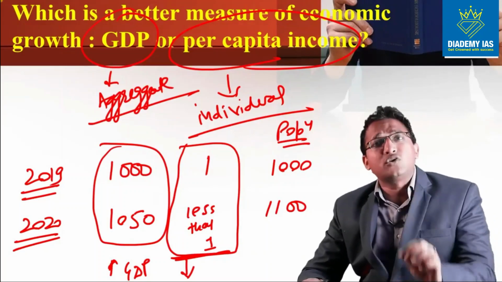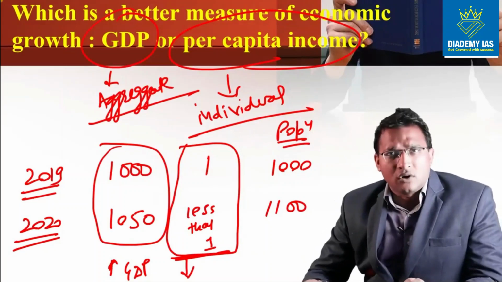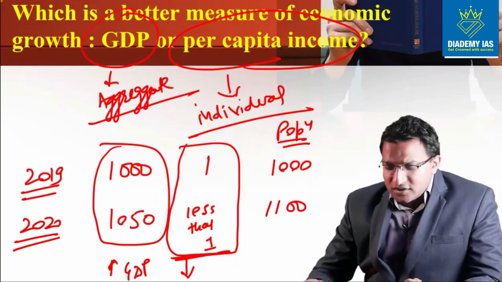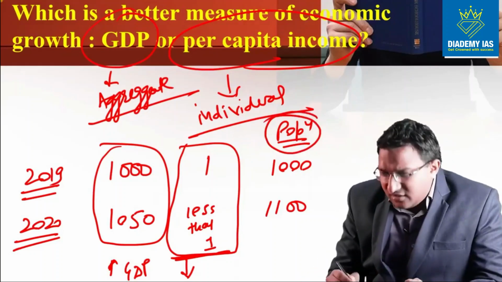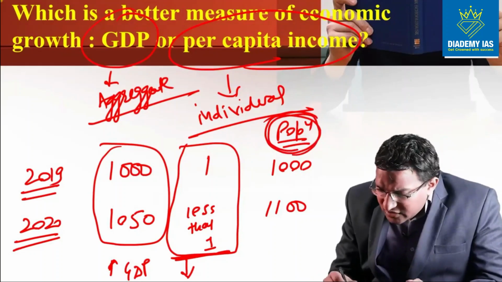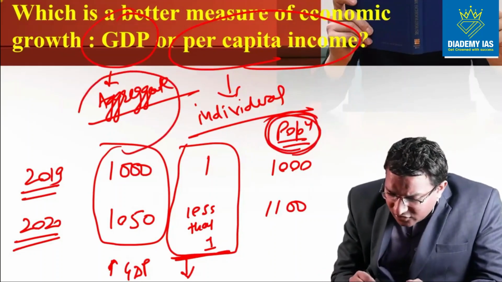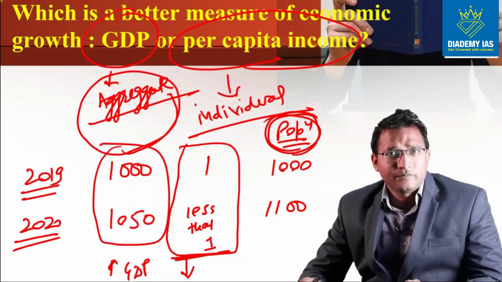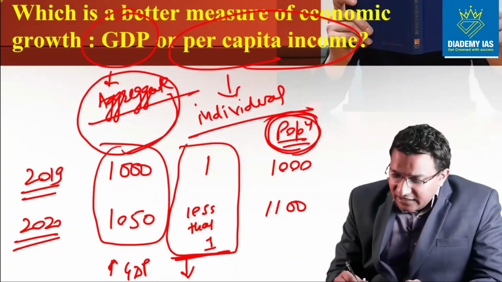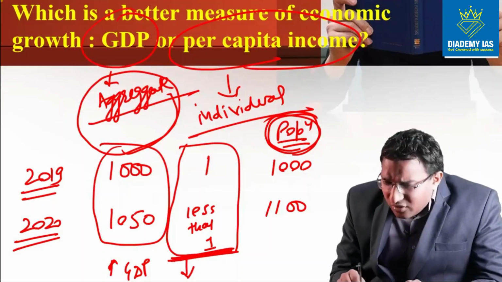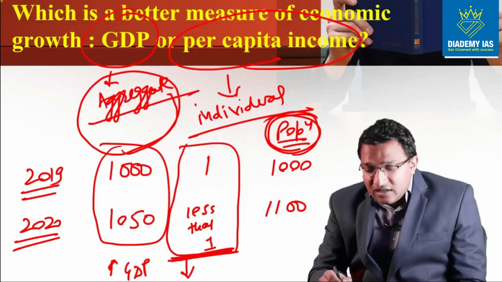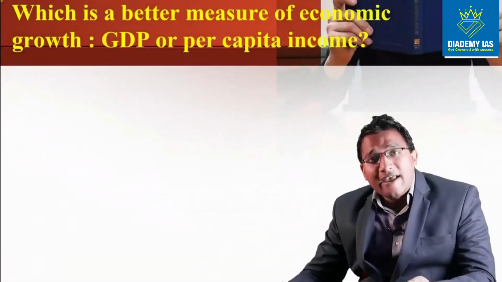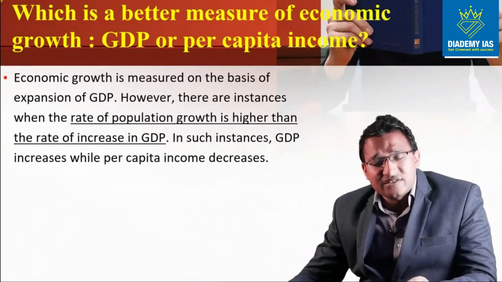But if we really want to check whether we are growing or not, the best measure is per capita income, because if the population growth rate is more than the aggregate income growth rate, in that case the individuals are going to suffer, right? Per capita income actually considers this increase in the population, which has to be considered because it impacts the individuals.